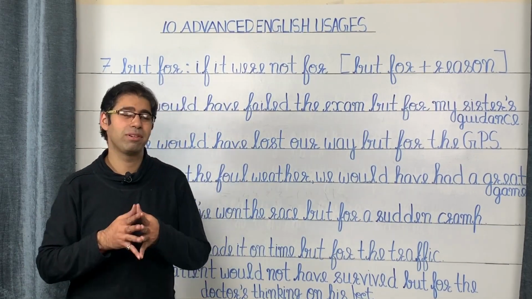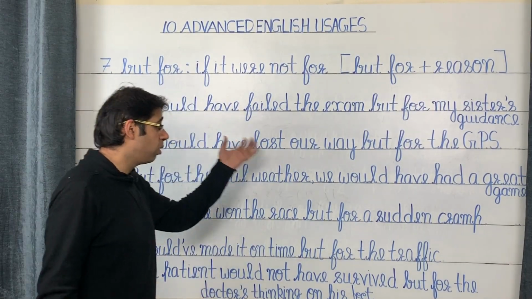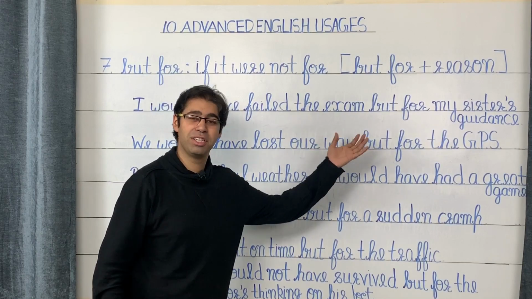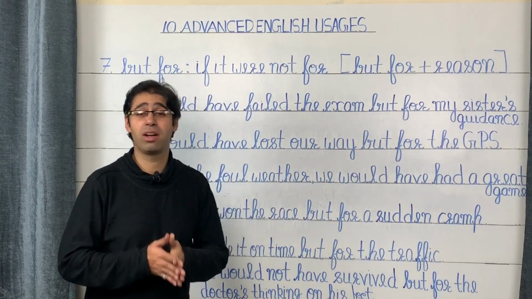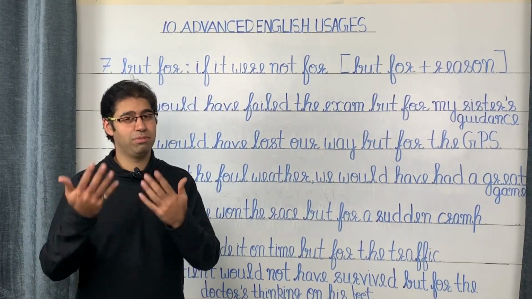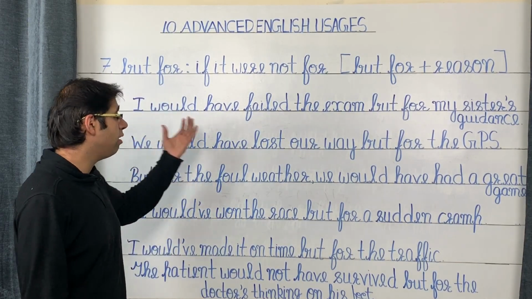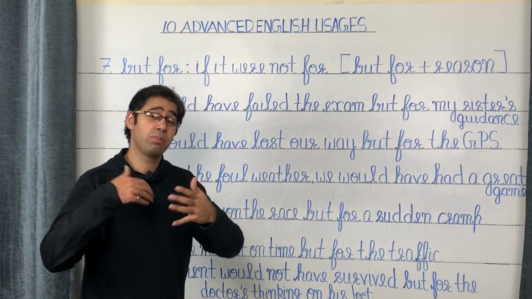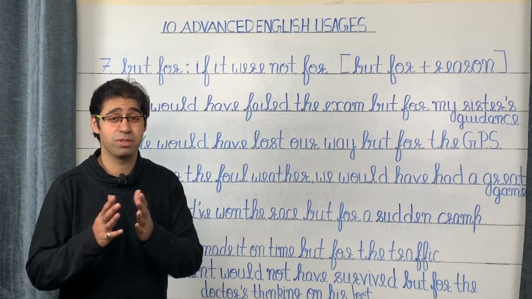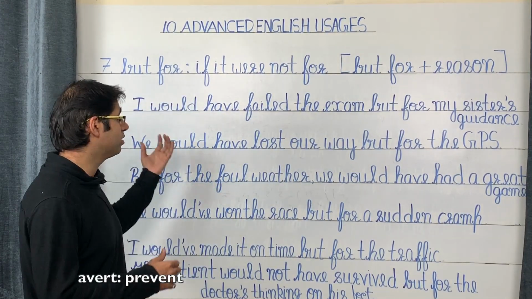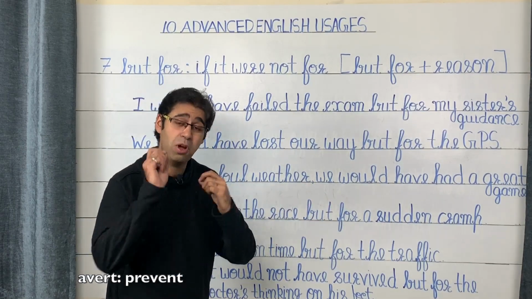Our next example is "We would have lost our way but for the GPS." Now GPS, as you know, is your car navigation system that helps you find your way to your destination. So that sentence, once again, "we would have lost our way". What is that possible or probable event that was averted from happening? That is you losing your way. What stopped it from happening?